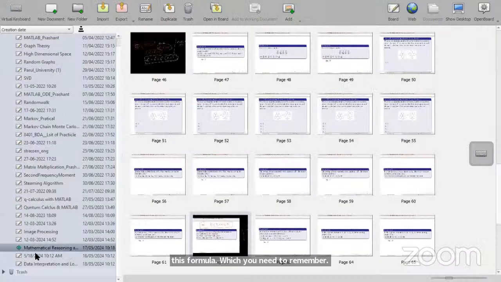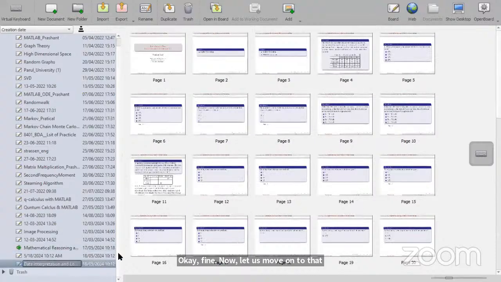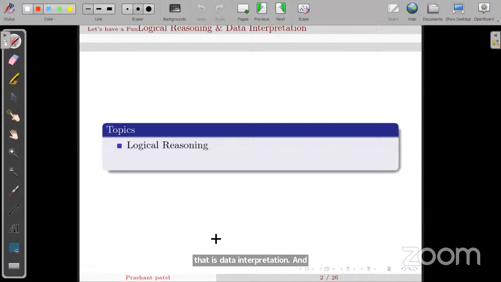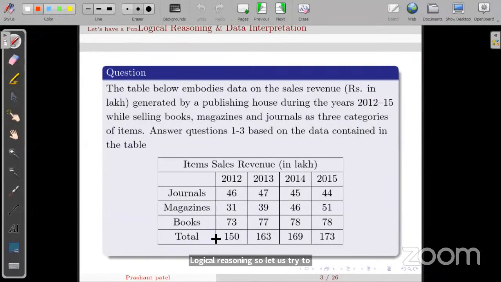Now let us move on to today's topic, that is data interpretation and logical reasoning. So let us try to solve the first question. In the table below, certain sales revenue is given in lakhs between the years 2012 to 15 while selling books, magazines, journals as 3 categories of items.